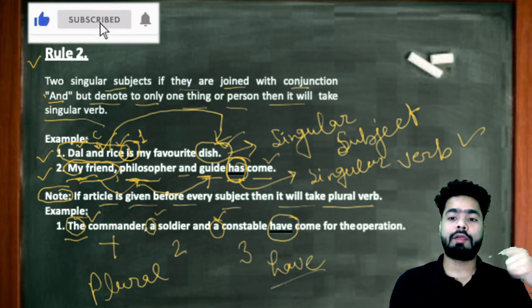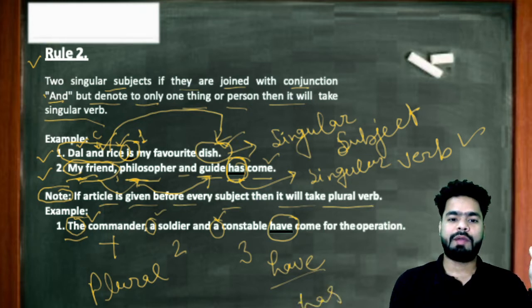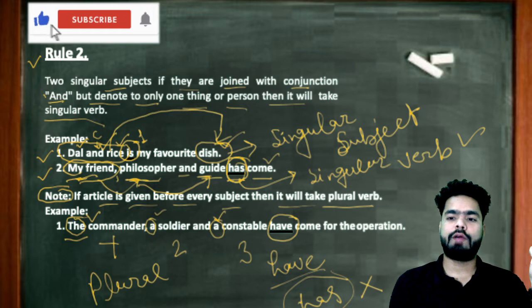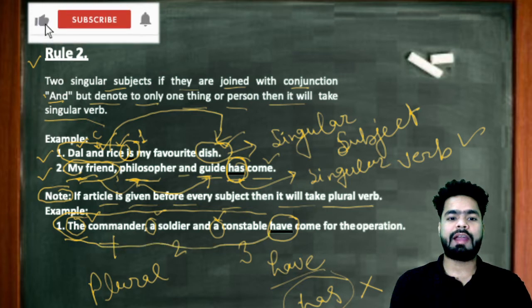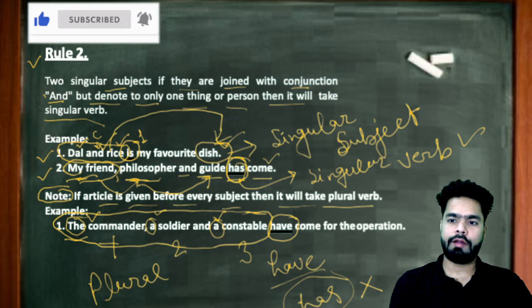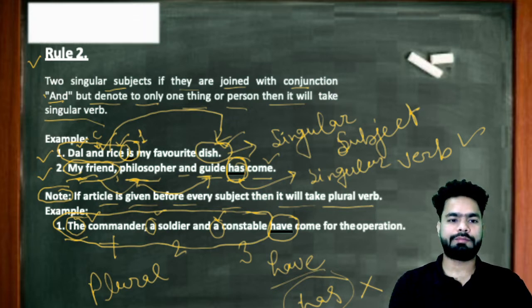The singular verb of have is has, but we are not going to use this. Why? We have a plural subject: a commander, a soldier and a constable have come for the operations. Is it clear? I hope it is clear.